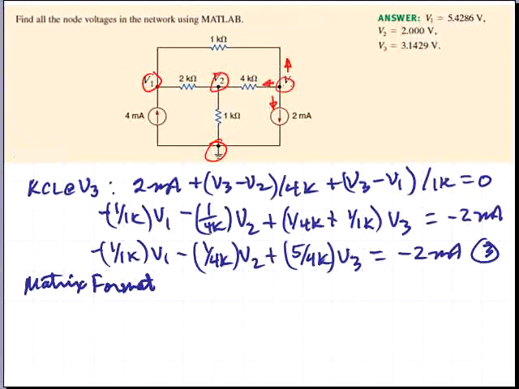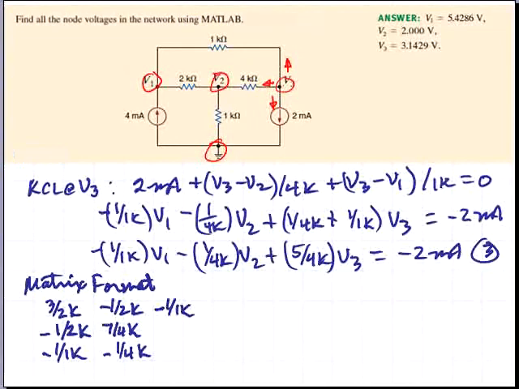We'll have 3 over 2K, minus 1 over 2K, minus 1 over 1K; minus 1 over 2K, 7 over 4K, minus 1 over 4K; minus 1 over 1K, minus 1 over 4K, and 5 over 4K.